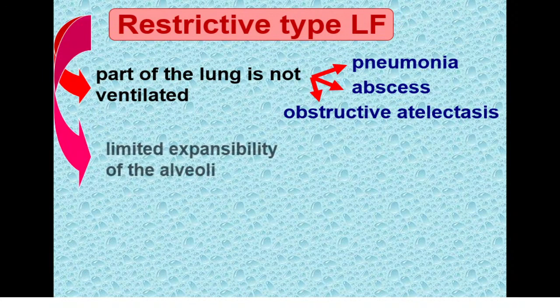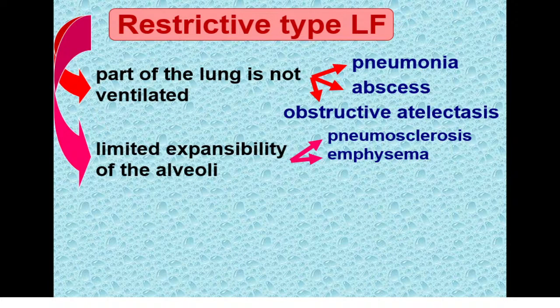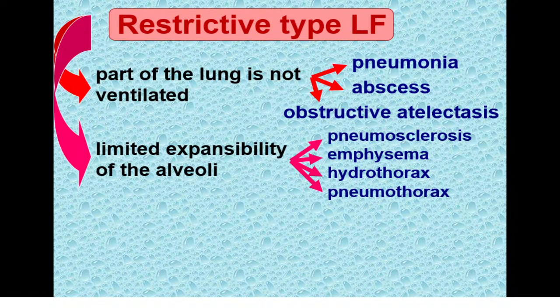Other cause is problem with expansibility of alveoli, when the alveoli cannot be expanded and collapse due to decreased elasticity, pneumosclerosis or emphysema. It may be a result of hydro or pneumothorax, inside or outside problem.